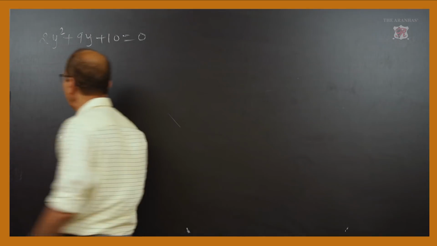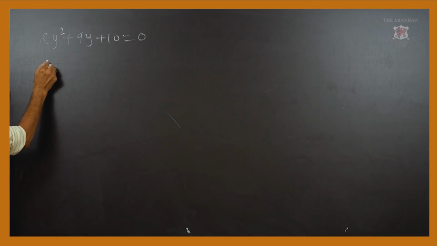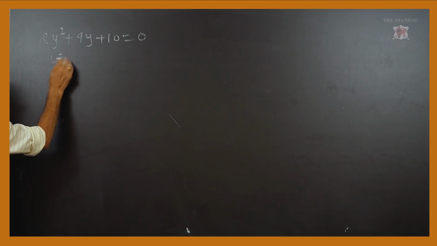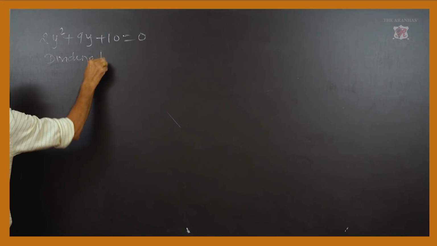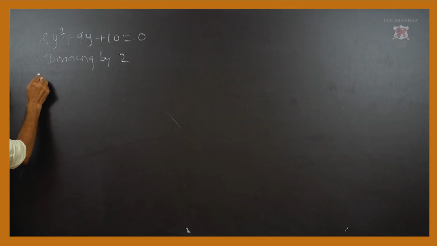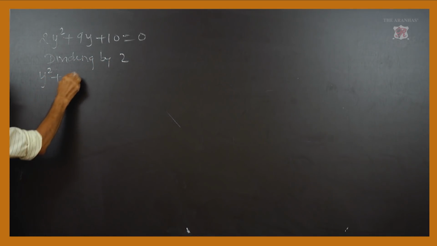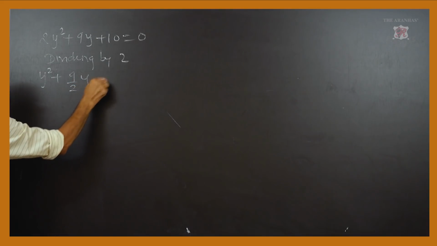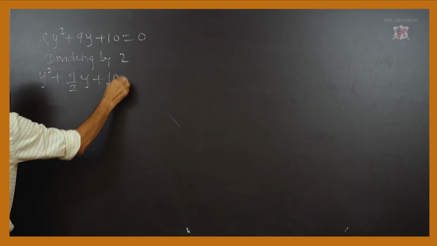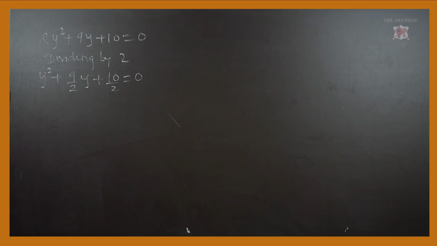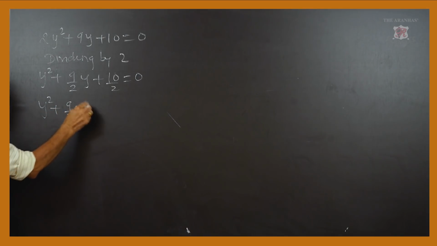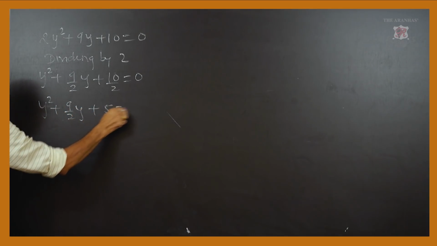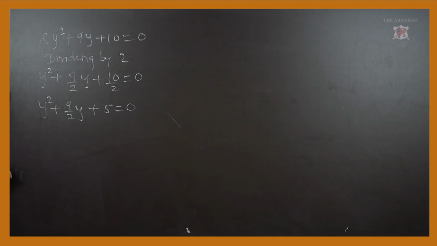So, dividing by 2, you get y square plus 9 upon 2y plus 10 upon 2 is equals to 0. Then y square plus 9 upon 2y plus 5 is equals to 0.